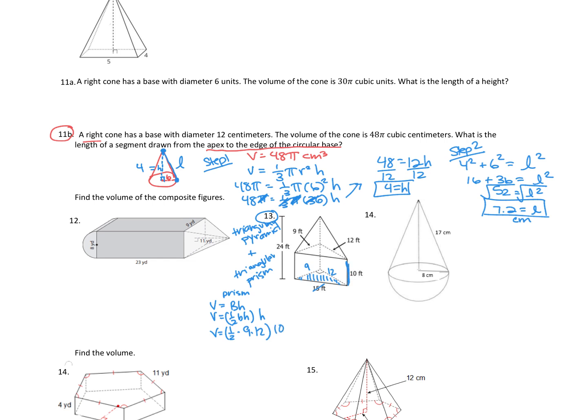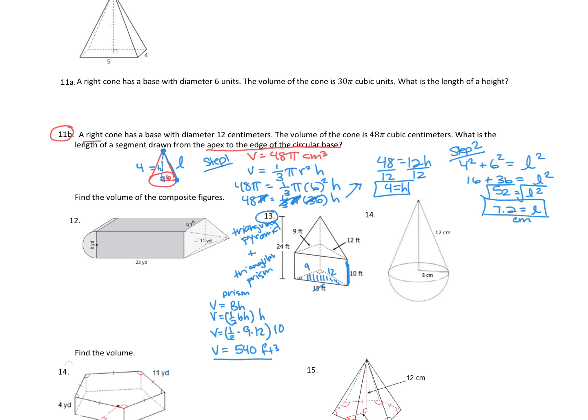It's 10. So my volume there would be my 9 times 12 times my 10 times then 0.5, and I believe if you do that correctly on your calculator, you should get 540 feet cubed. That's the volume of my prism.